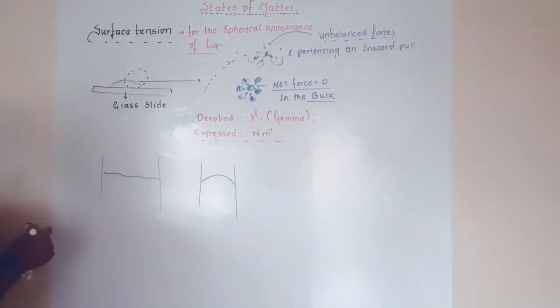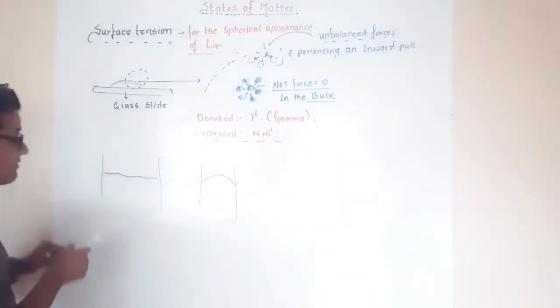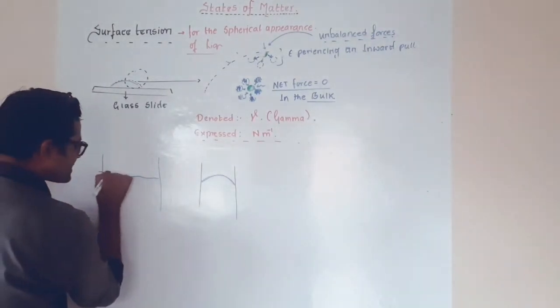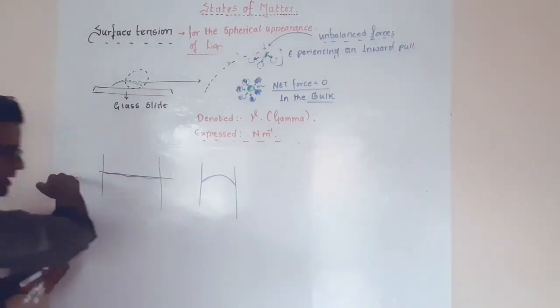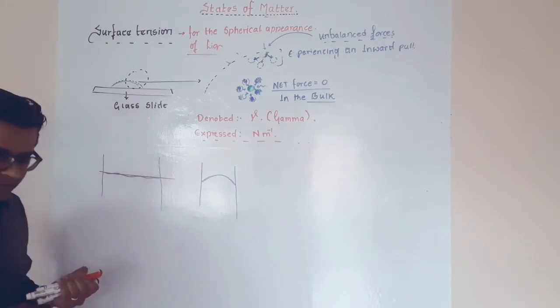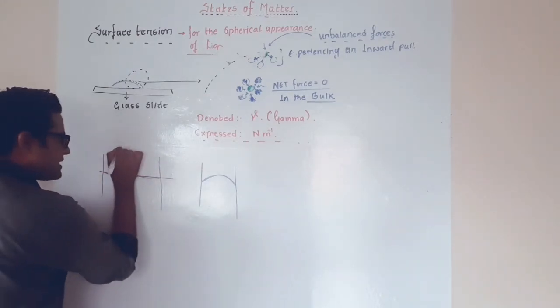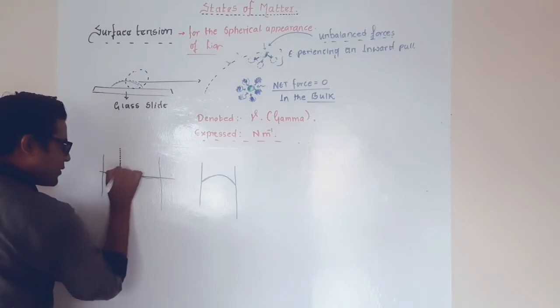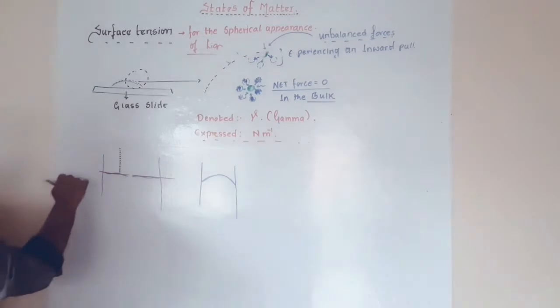Now, at this liquid surface, if we draw a line, let's say this is a line that we have drawn to the surface of the liquid, and now this is a perpendicular which has been drawn to that straight line.